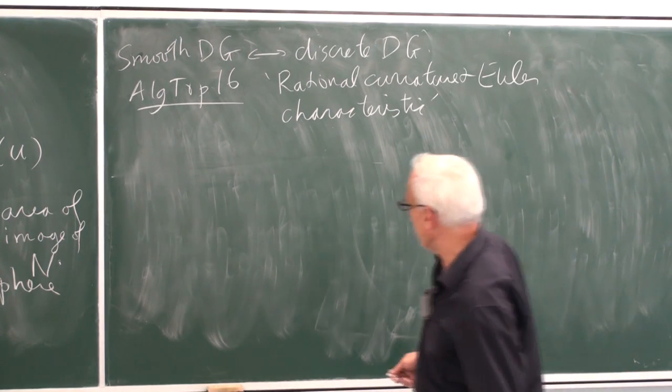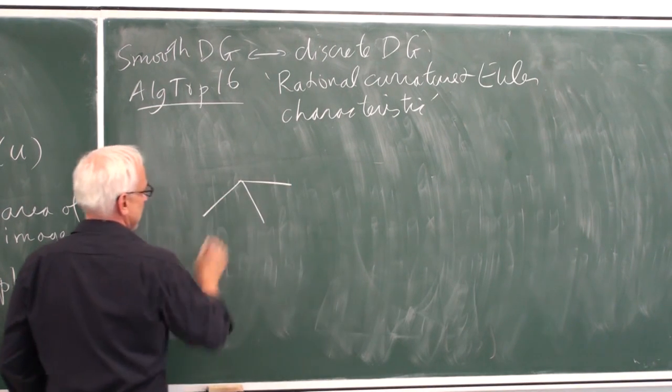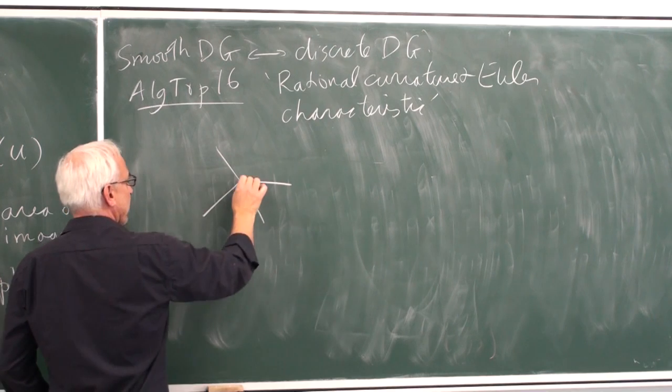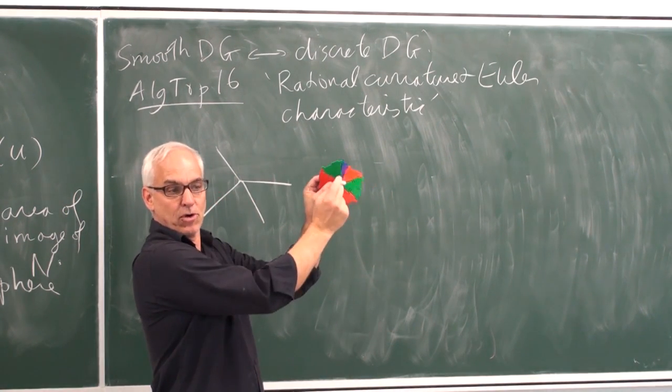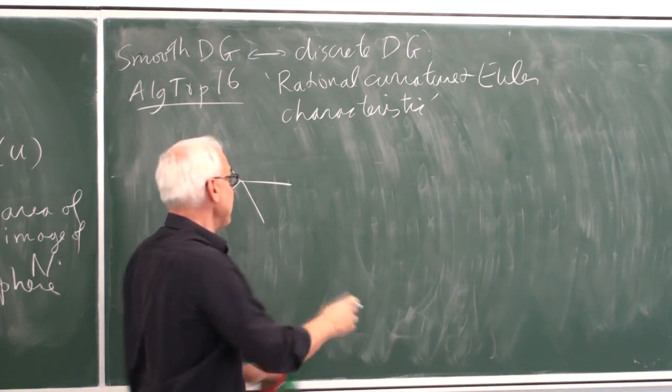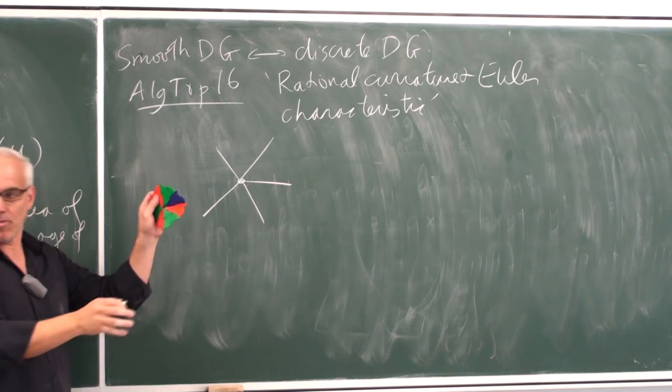If you have a polyhedron, let's say with a vertex, here I'll draw it in a planar way. So here's a polyhedron, and we're looking at its vertex like that, and it has various faces coming into this central point, but they're not all planar.